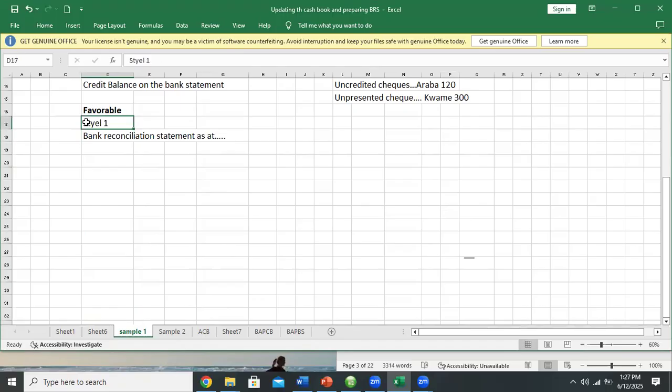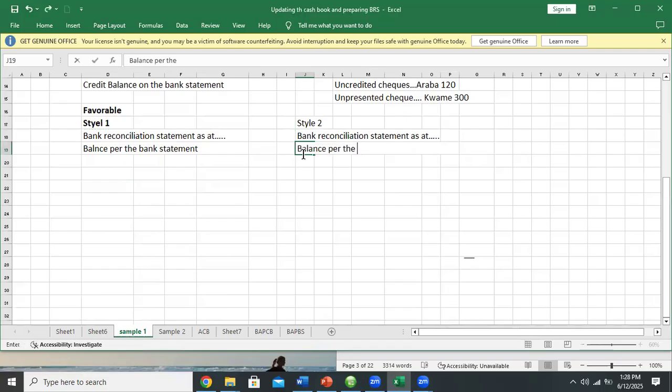Style 1 is that you decide to begin with your balance per the bank statement. Let me go to style 2. Style 2, you may decide to begin with your balance per the cash book.